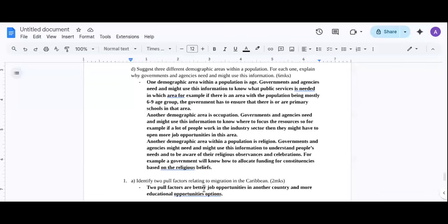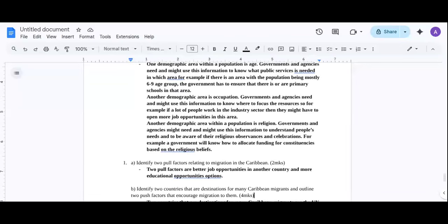And then I will call those 2 persons. Right. So it's the last question there that says identify 2 countries that are destinations for many Caribbean migrants and 2 push factors that encourage them to migrate there.